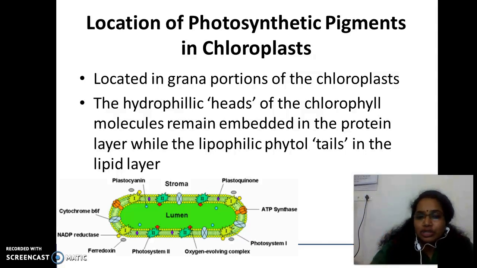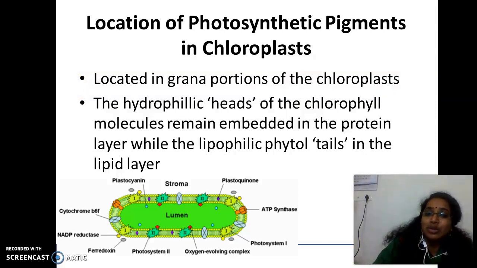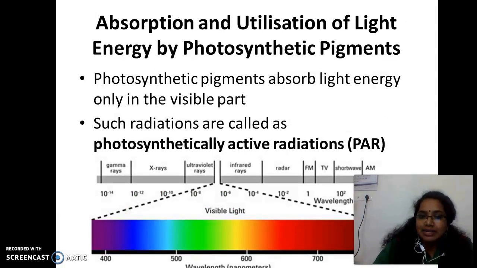As we all know, the membrane of the thylakoid is lipoproteinaceous in nature, that is, lipid and protein are present in the membrane. The hydrophilic head region of the chlorophyll molecule remains embedded in the protein layer, which is also hydrophilic, while the lipophilic region is embedded in the lipid region.